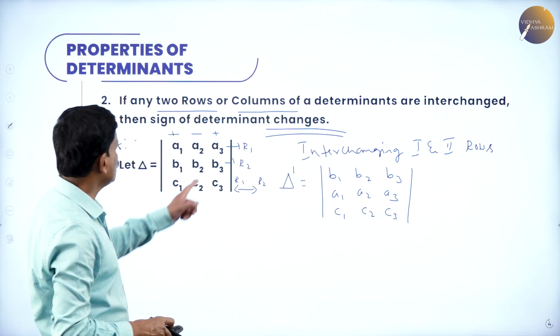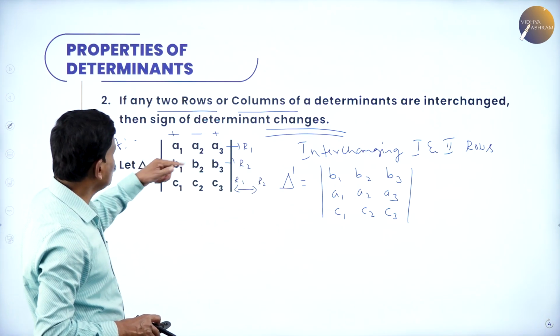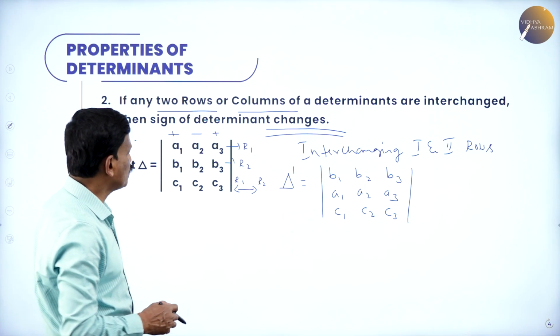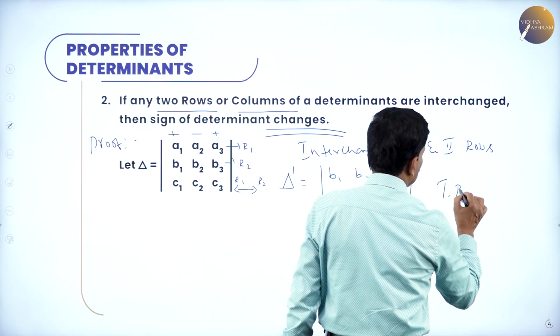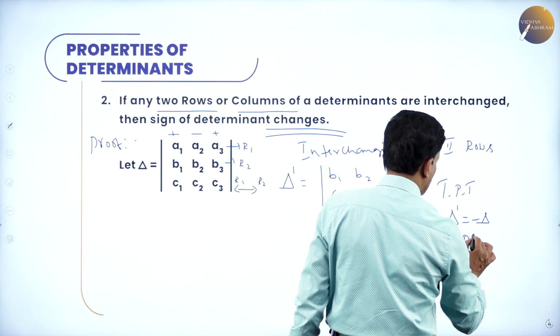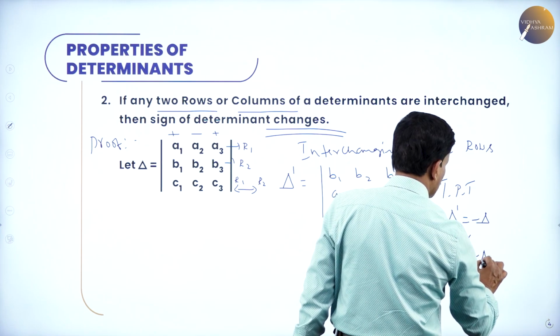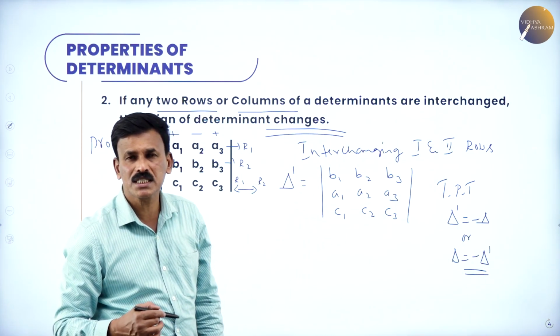B1, B2, B3 becomes the first row and A1, A2, A3 becomes the second row. According to the definition, we have to prove that delta dash is equal to minus delta, or delta is equal to minus delta dash. The value of a determinant becomes negative.